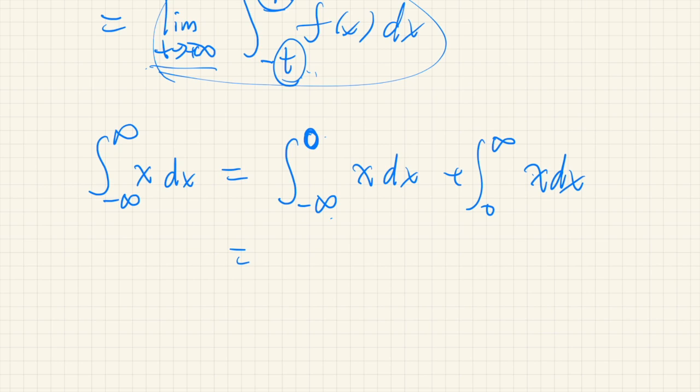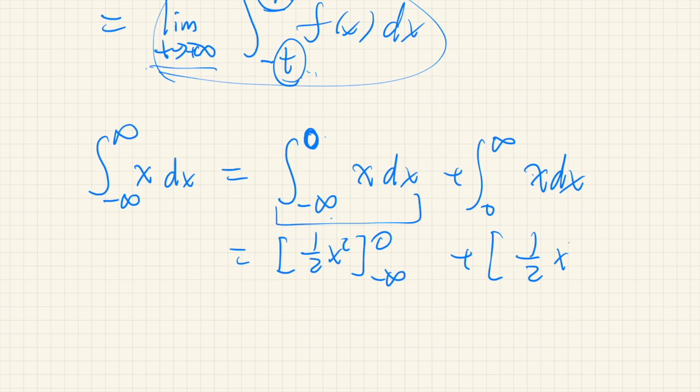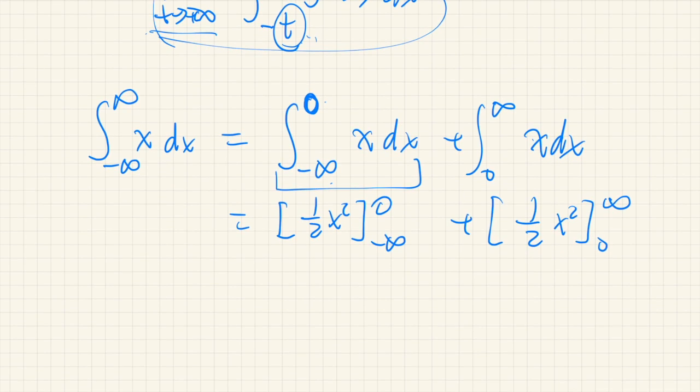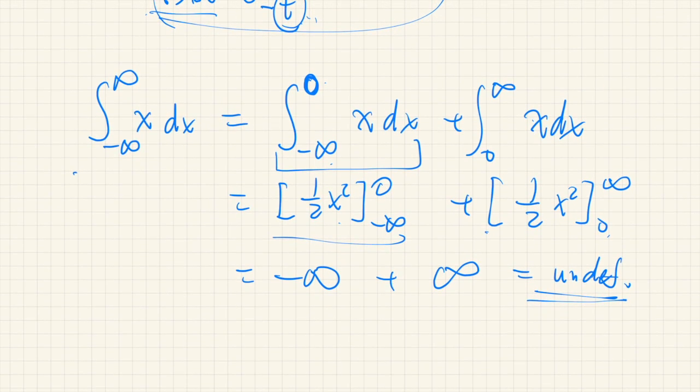So this one becomes 1 over 2 x squared from negative infinity to 0, and 1 over 2 x squared from 0 to positive infinity. So this one becomes 0 minus infinity, so this is negative infinity plus positive infinity, which is undefined. So this integral is undefined.